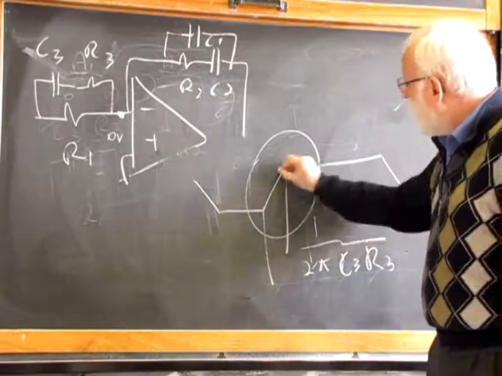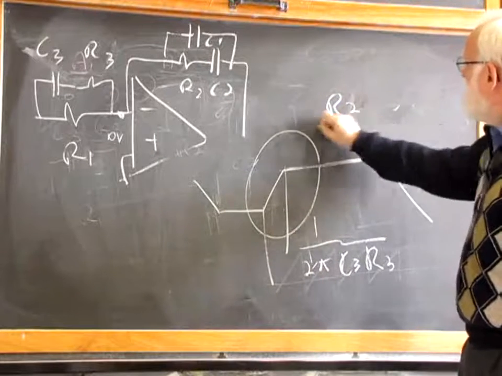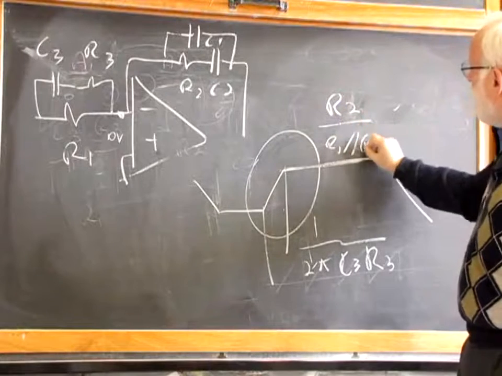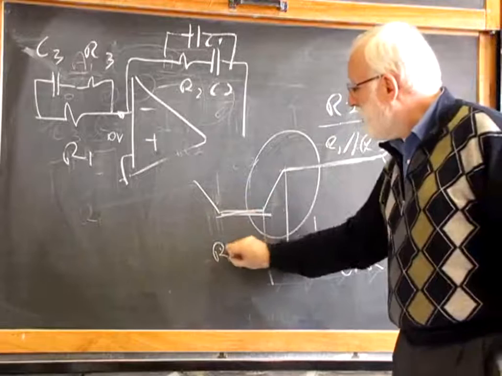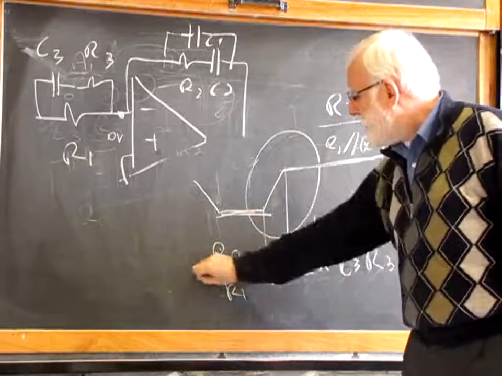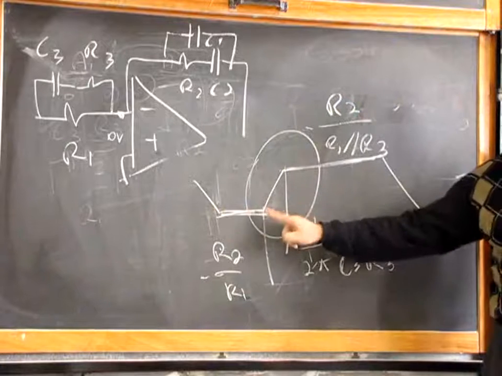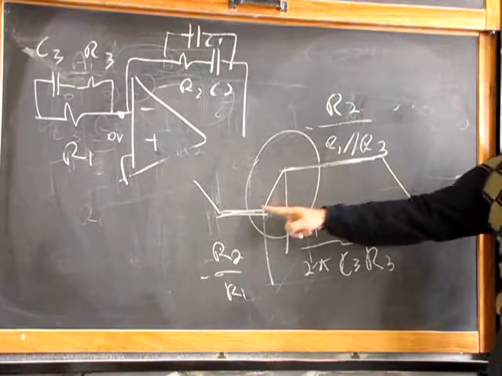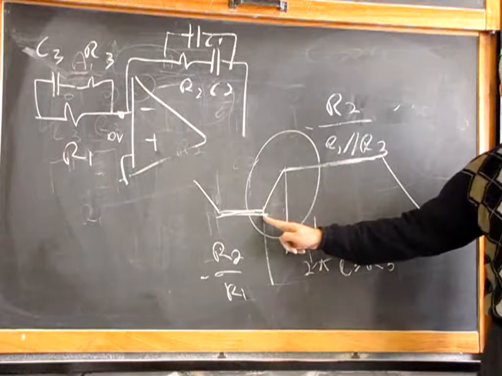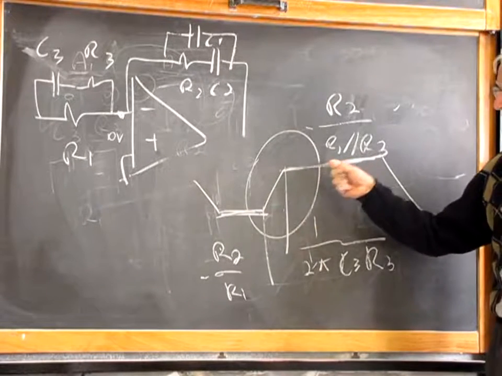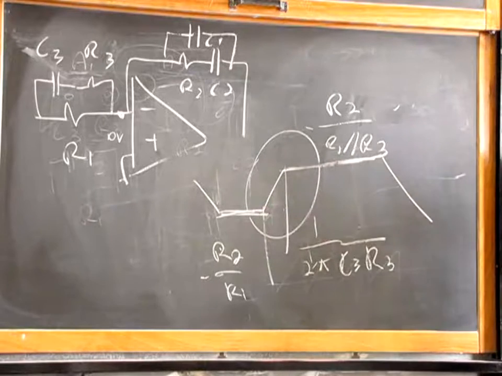I have a gain that is R1 parallel R3, and a gain over here that is R2 over R1, this is negative and this is negative. I know two gains. I know one frequency. I can find the other. High gain divided by low gain equals high frequency divided by low frequency.